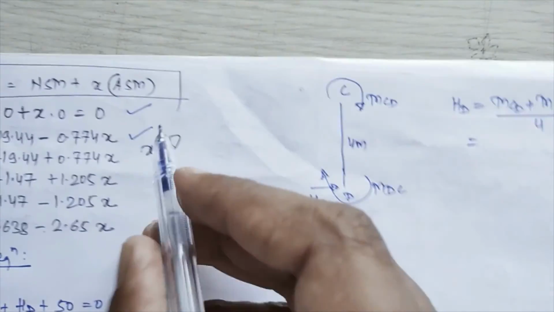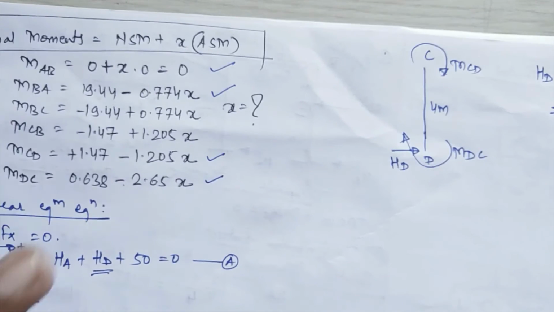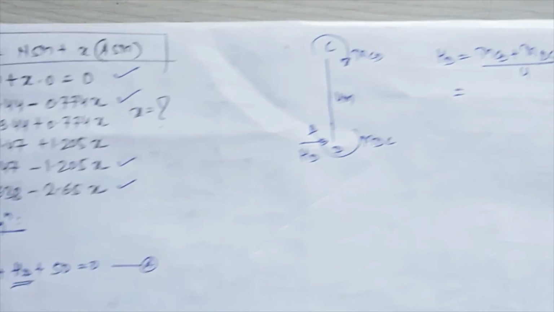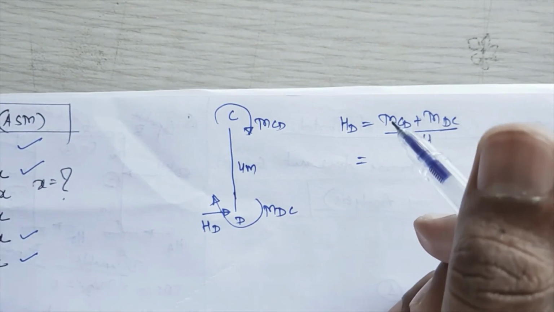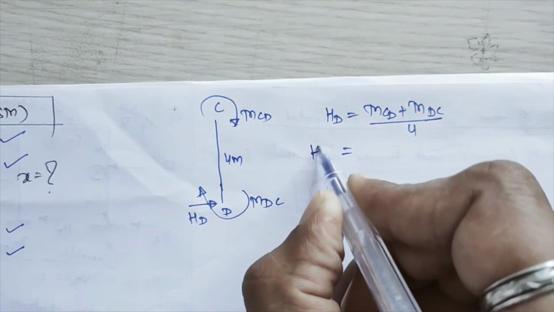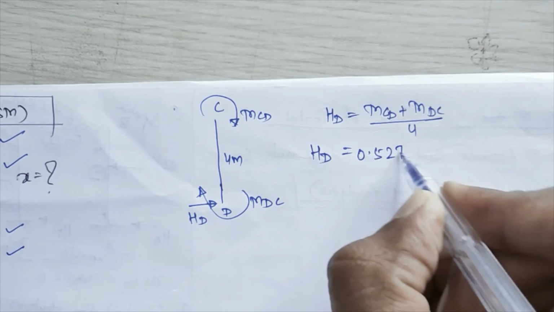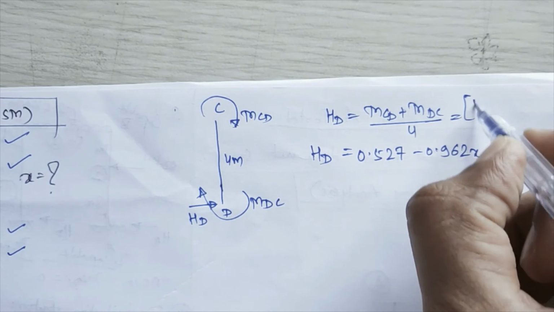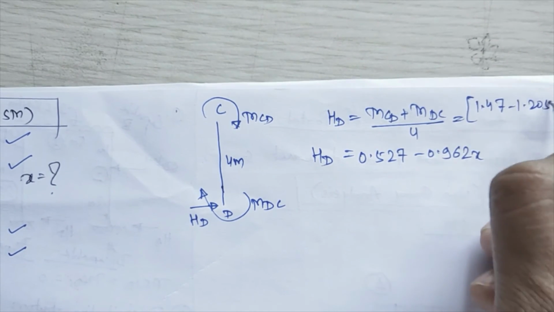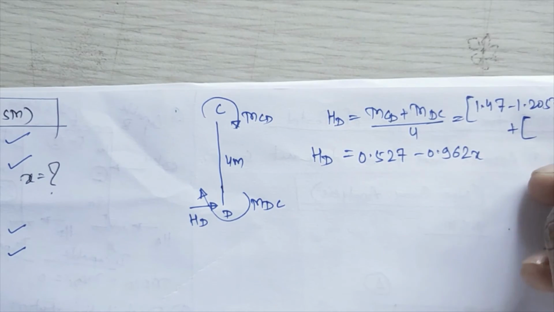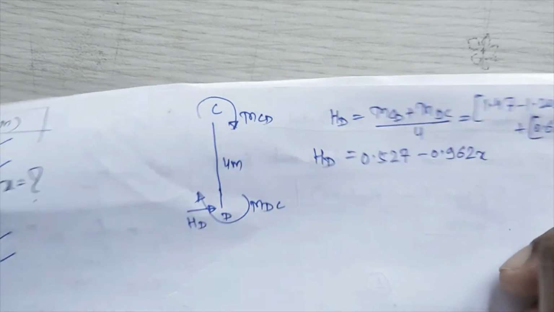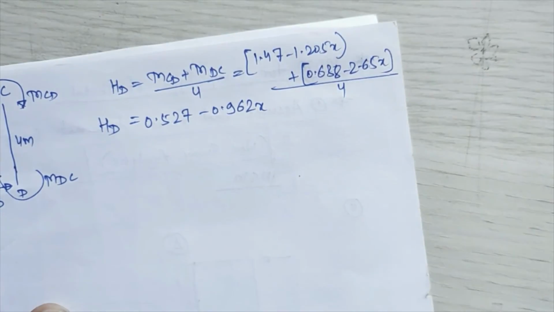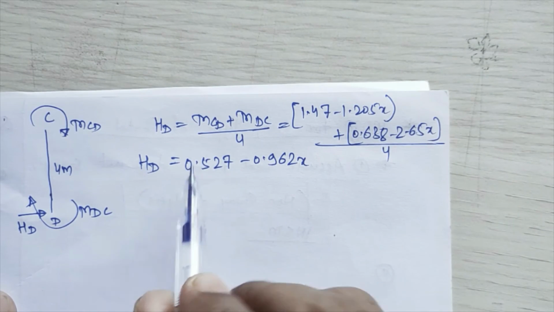So I will substitute the MCD and MDC values here. These two moment values I am having are 1.47 minus 1.205 x and 0.638 minus 2.65 of x. So if I simplify this, divided by 4, you simplify these common terms first.